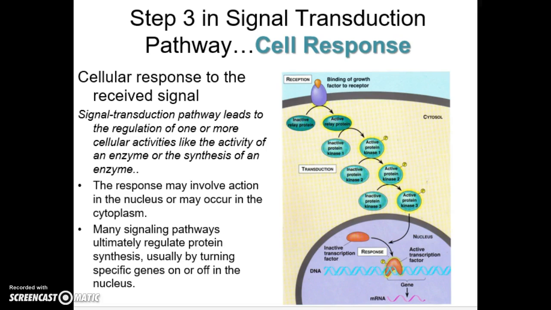So in that case, the response is going to involve action that begins in the nucleus and then maybe results in a final protein production in the cytoplasm. So again, many signaling pathways are ultimately regulating protein synthesis by turning certain genes on or off in the nucleus.